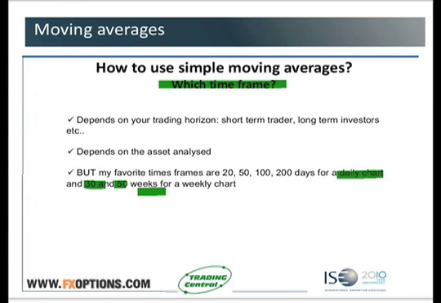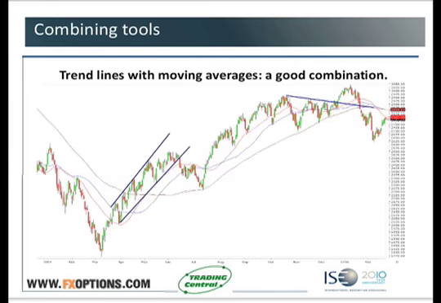The next slide is very interesting because it's a basis of technical analysis. You can't use only one technical tool. If you use only trend lines, you can make a lot of mistakes because you can draw trend lines with different points. You can have a debate with another market technician because the trend line is not the same as his. So it's not my favorite indicator, trend line.